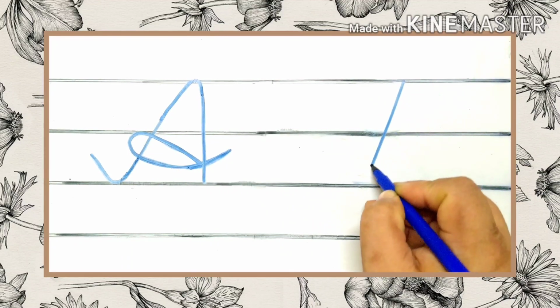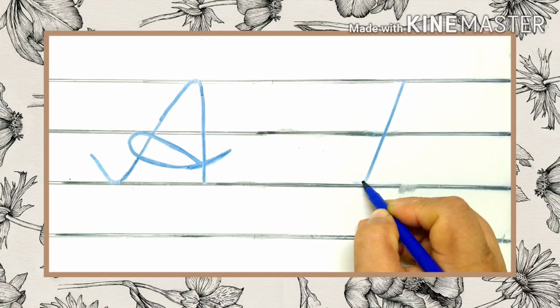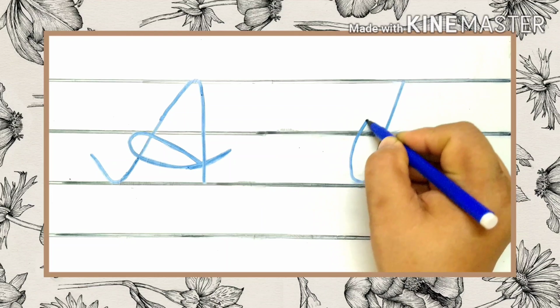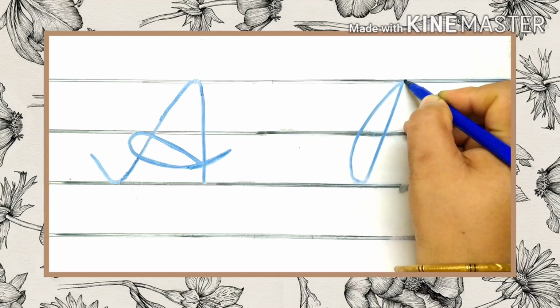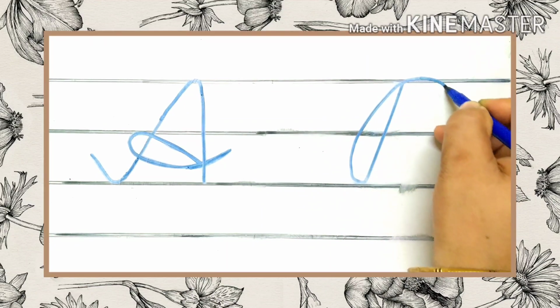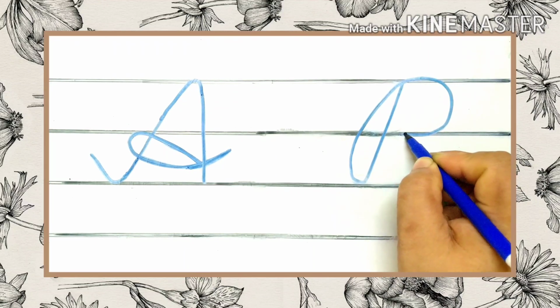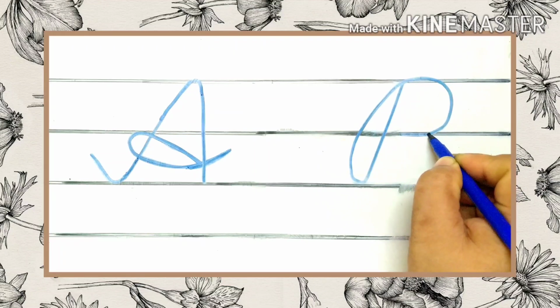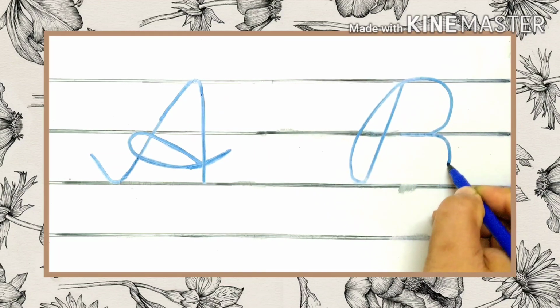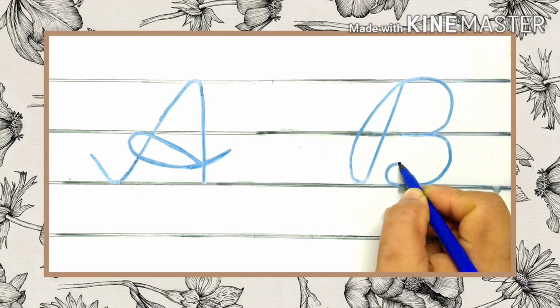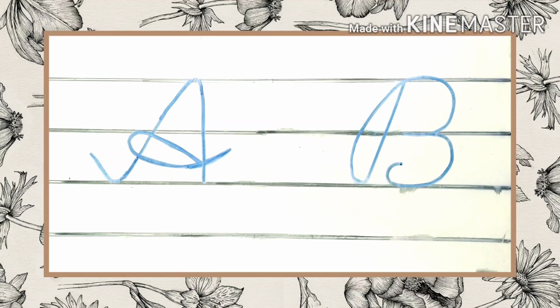Make a slant line, curve it to the left side, connect to the top line, make a small curve, again make a little big curve and curve it inside like this. This is cursive B.